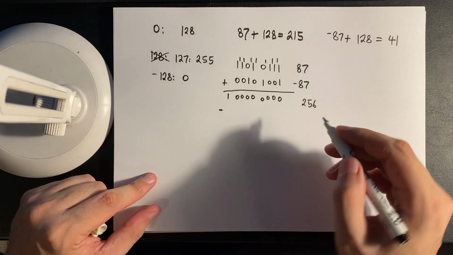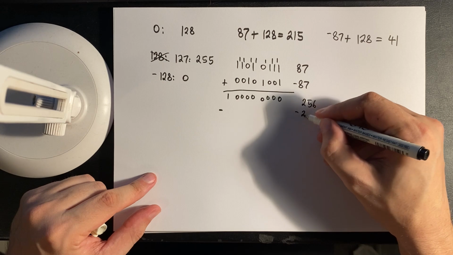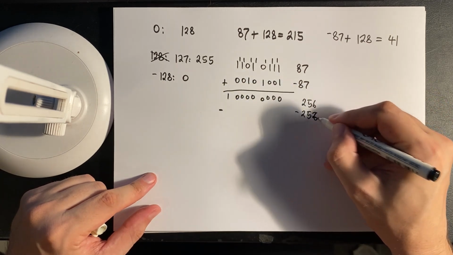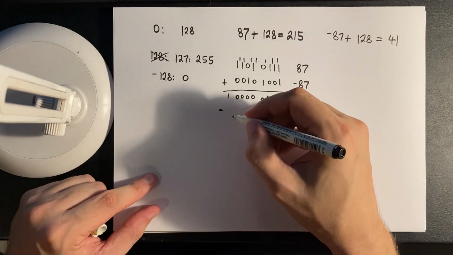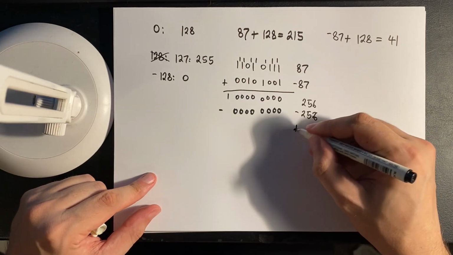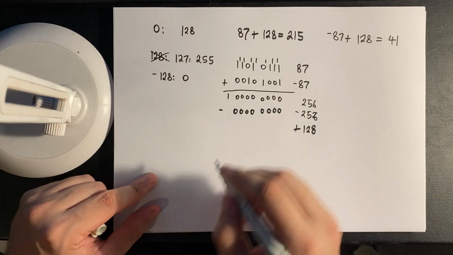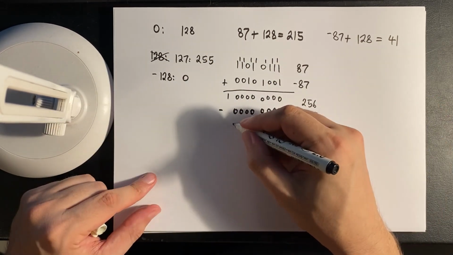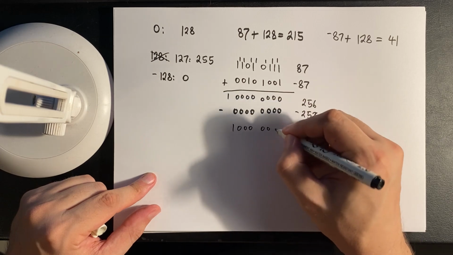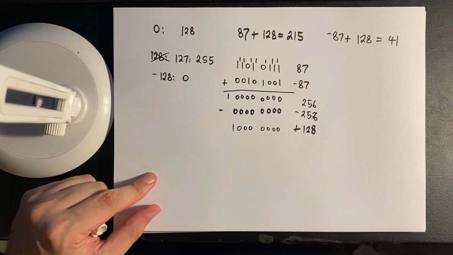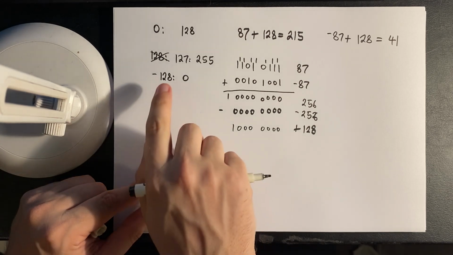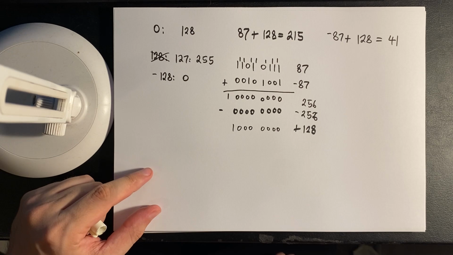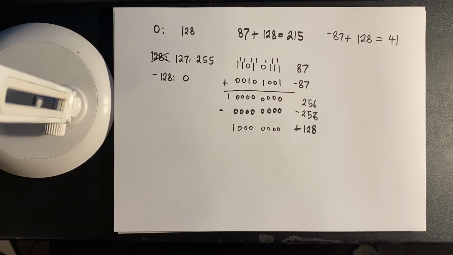So what we should do is take away 256 to remove the bias from both of these. That would be all zeros, and then add 128, because what I've done is remove the bias from these two numbers and added in the bias that we're going to use just to represent the number. And here we have 128 as a result, which, as you can see, is 0. So whereas comparing the numbers is very easy, now the math gets a little bit harder. Not super hard, but anyway.